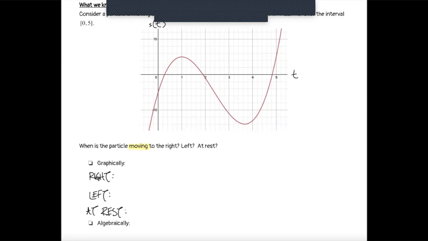One that I see that I think is most accessible to everyone is, when is that particle at rest? And so in particular, when something is at rest, we're thinking, where is the slope 0? Right? And in particular, we can see that maybe right here at time equals 1, and then right down here at 3 point some decimal, we have a situation where that particle is at rest, all right?